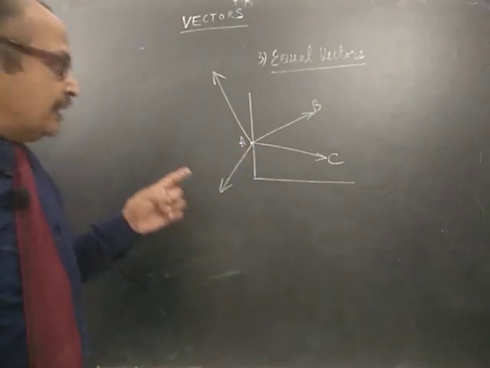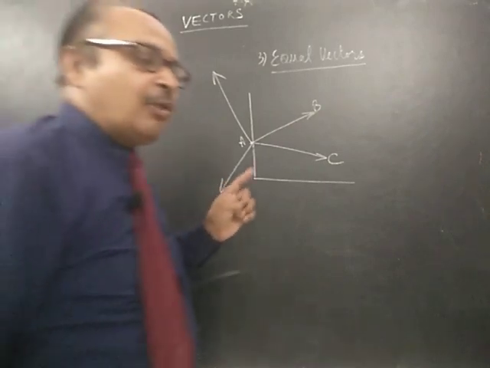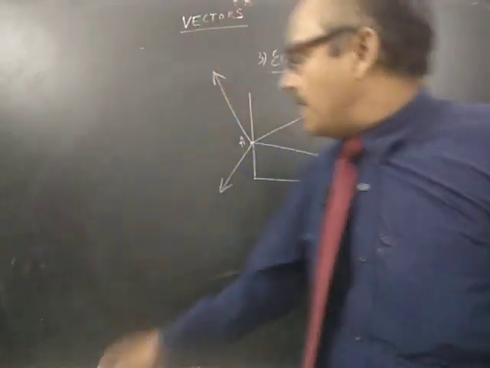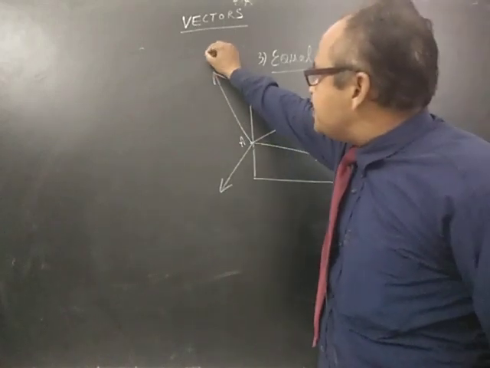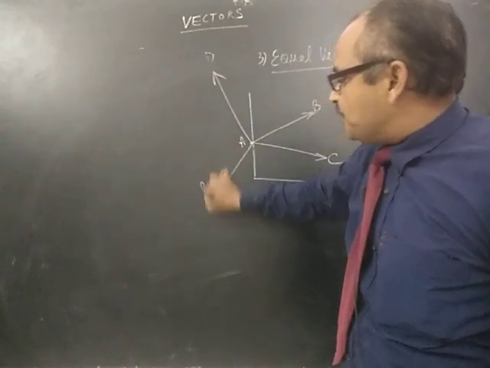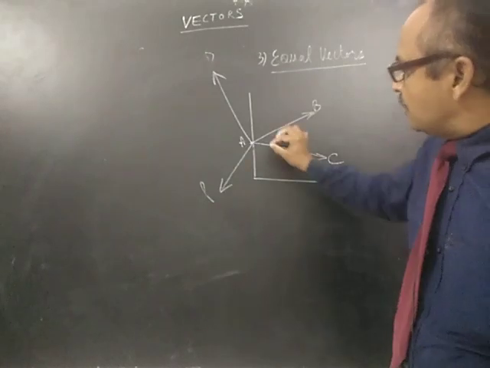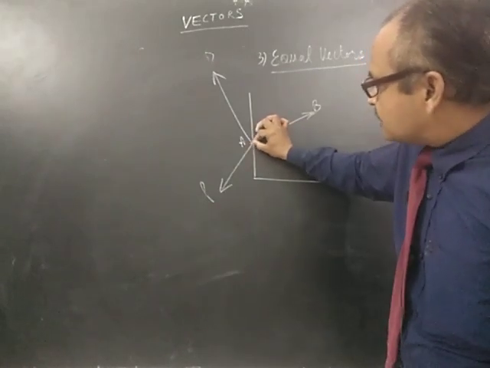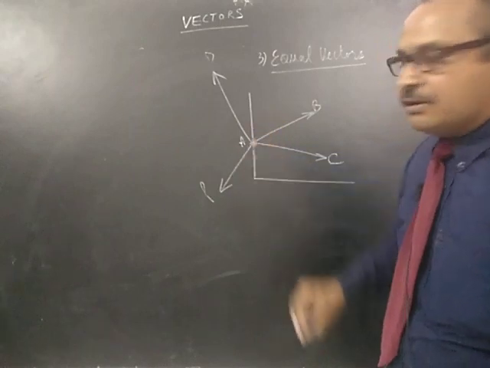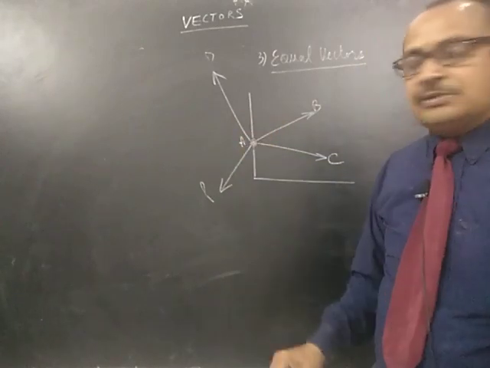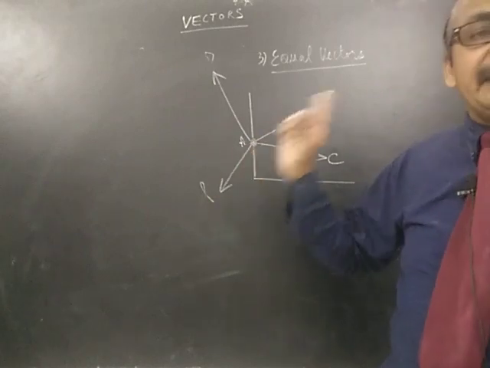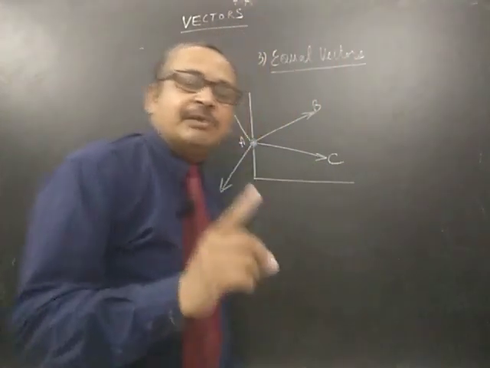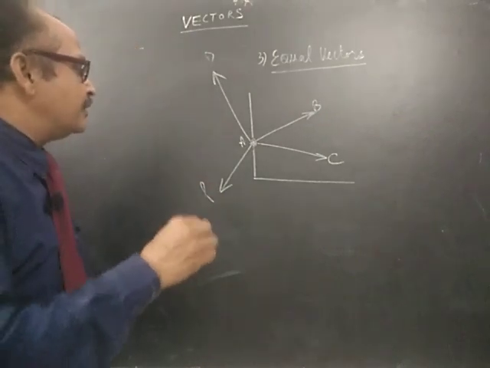It means all these vectors, whether I am talking about AB, AC, let us say AD, or let us say AP, are all originating, starting from the same initial point.